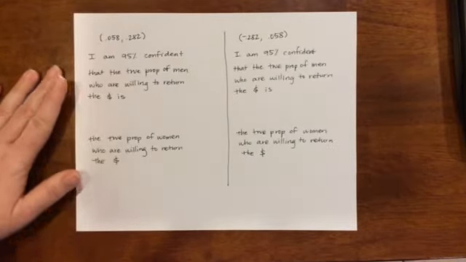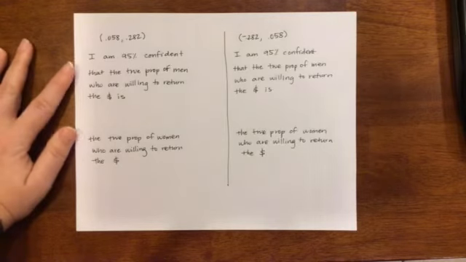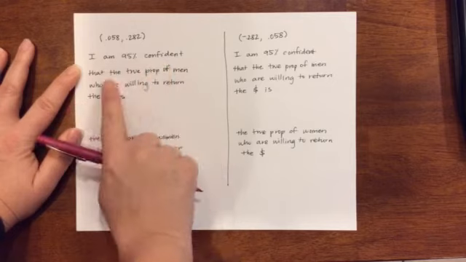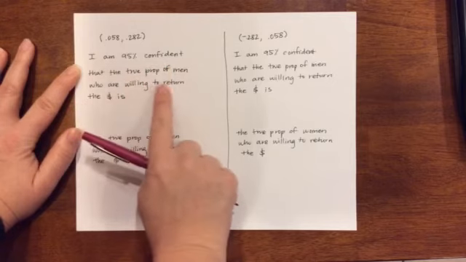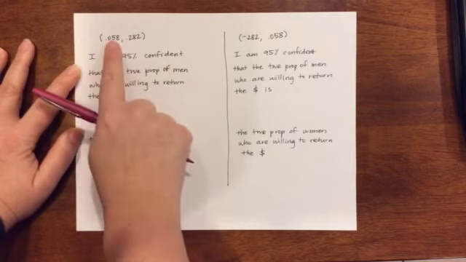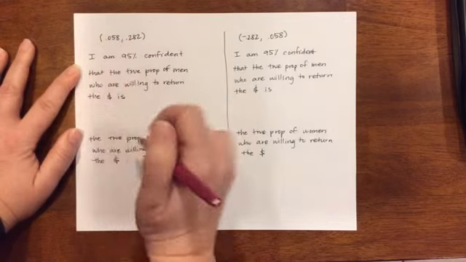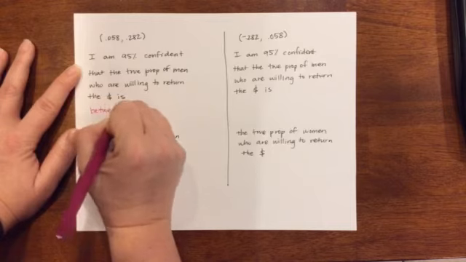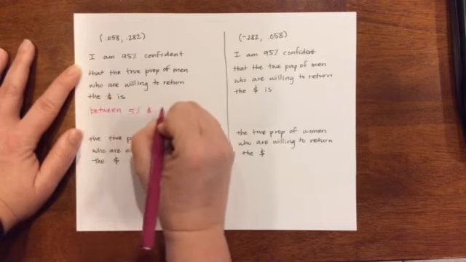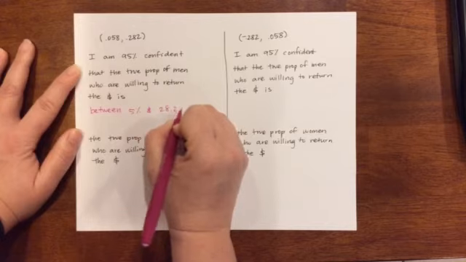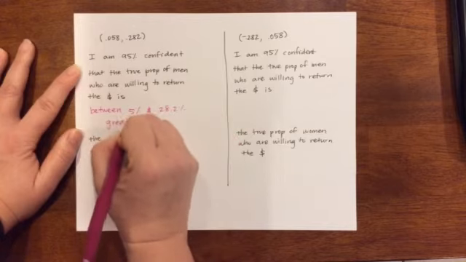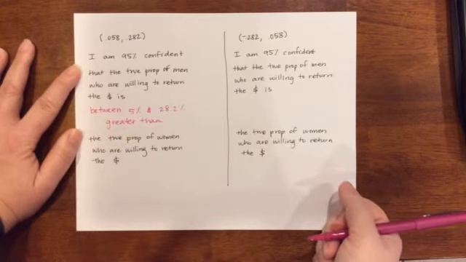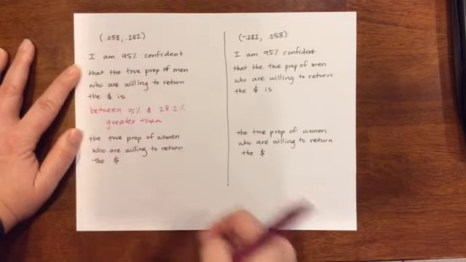Had I got 2 positives, I would have said, I am 95% confident that the true proportion of men who are willing to return the money is, so that means group 1 is larger than group 2 because I got 2 positives, between 5% and 28.2% greater than the true proportion of women who are willing to return the money. Okay, so that's how you write it if you have 2 positives.